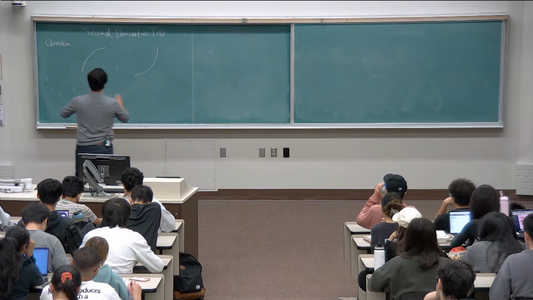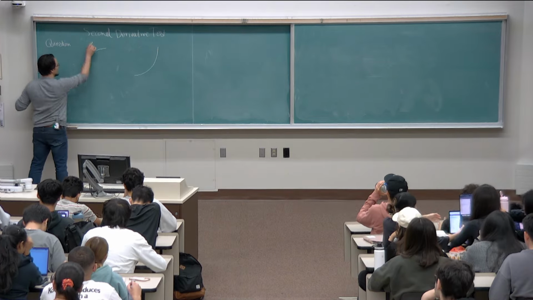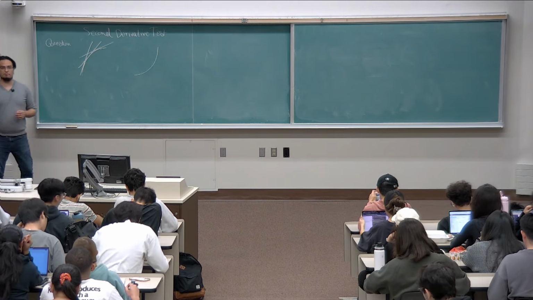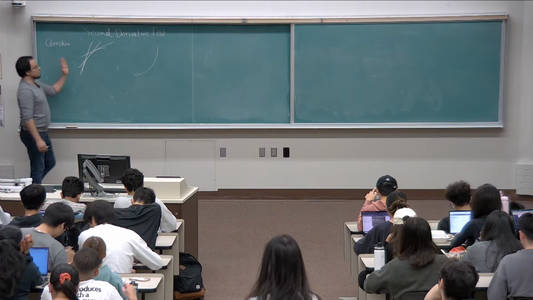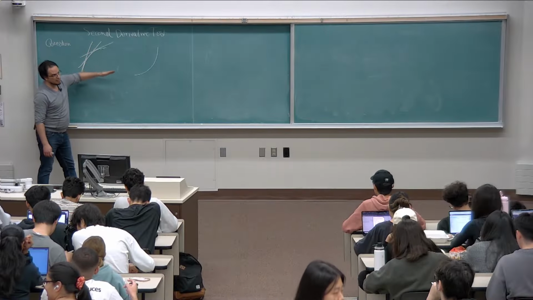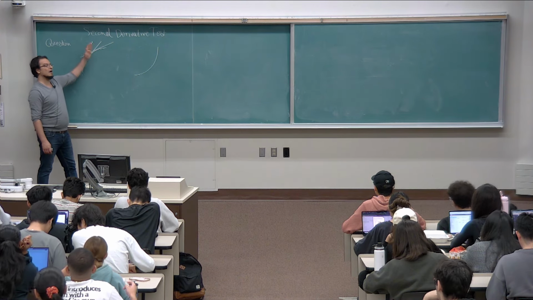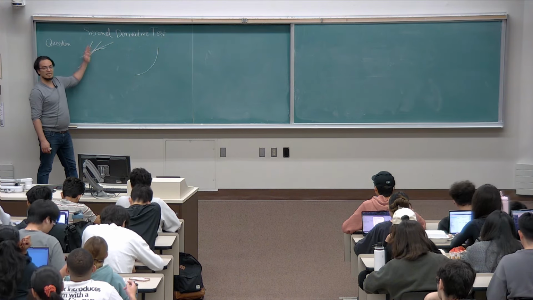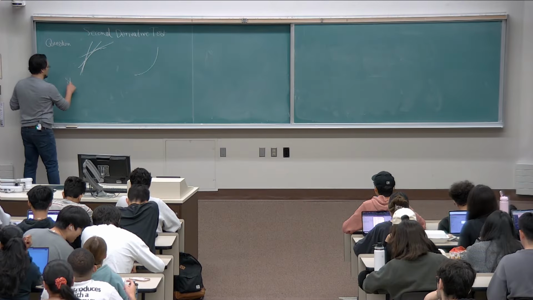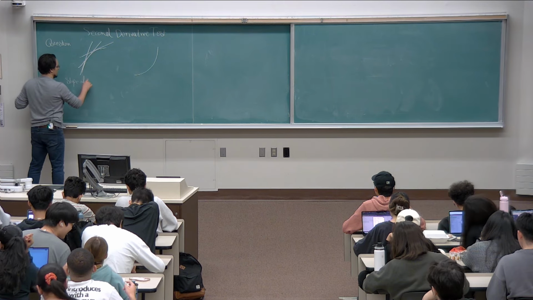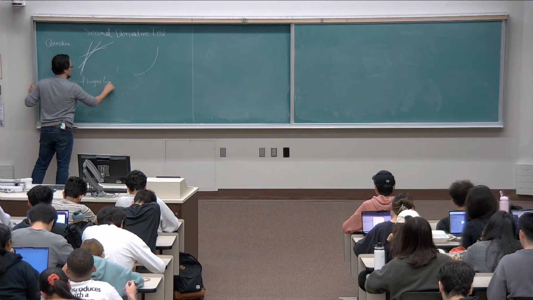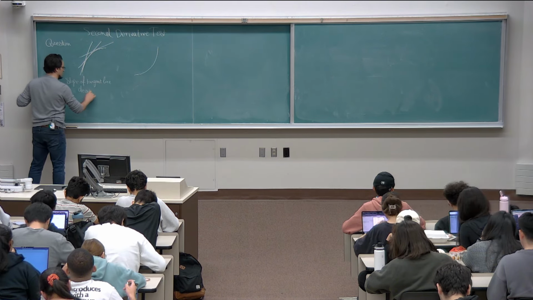Both of them are increasing, but if I look at the tangent lines at different points on this function, as we move to the right, the tangent line goes like this. In other words, the tangent line is getting smaller and smaller slope. So the slope of the tangent line decreases.